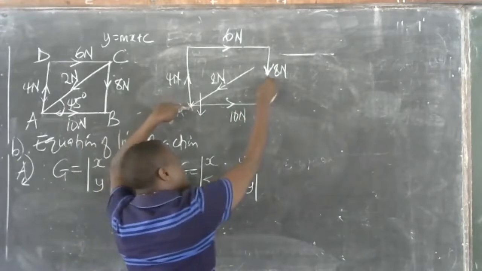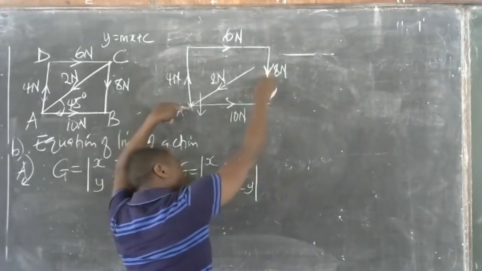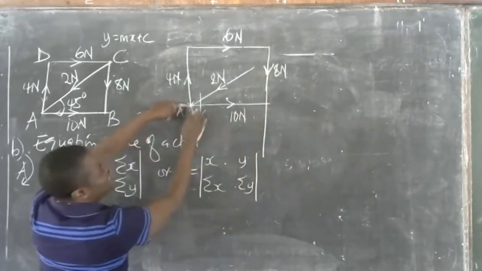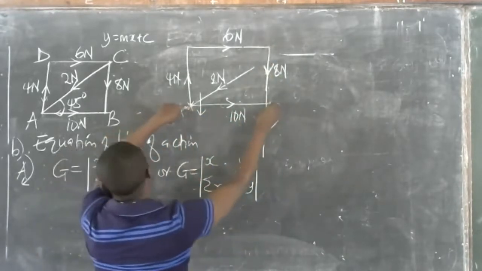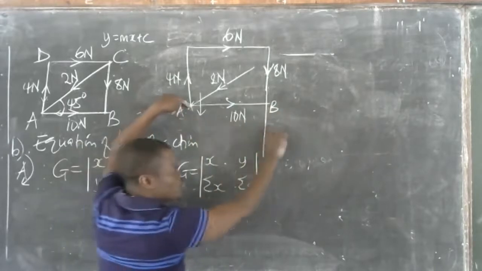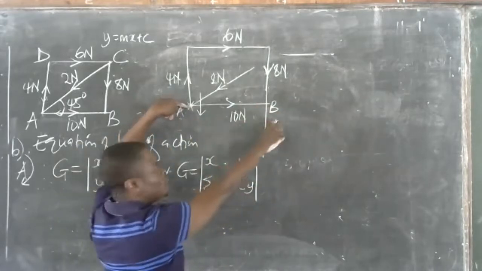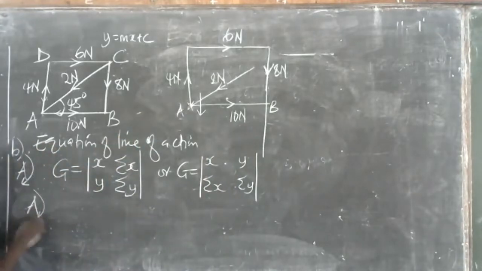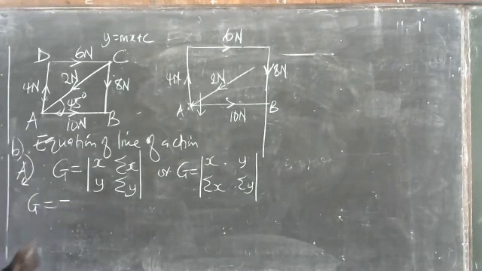And then the perpendicular distance of the line of action of this force, the 8 Newton force, is the distance from A up to point B, which is 2 units. It was given in the question, 2 units. So that moment about point A is going to be negative because it is clockwise.